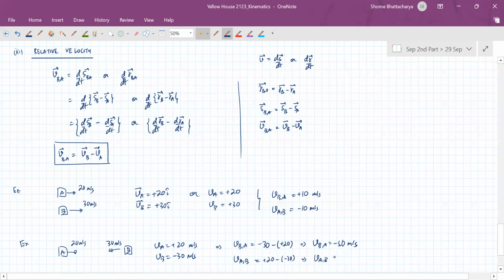So A's velocity will appear to be plus 50 from B's frame, and B's velocity will appear to be minus 50. So these are two oppositely moving objects along the same straight line. Whereas two parallelly moving objects, when we apply this vector definition, the relative velocity becomes the difference in the magnitudes of their velocities. Whereas in the second case, where they're moving opposite, it becomes the sum of the magnitudes. So these are 1D examples of the above equation.